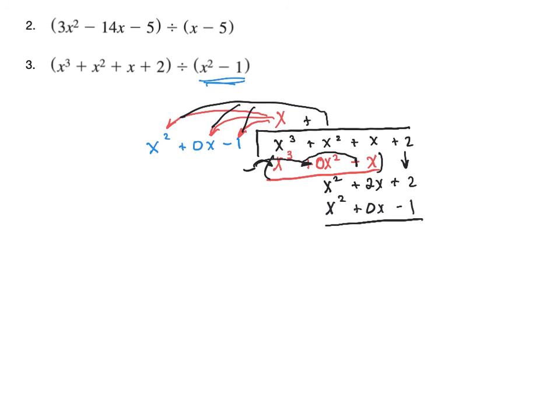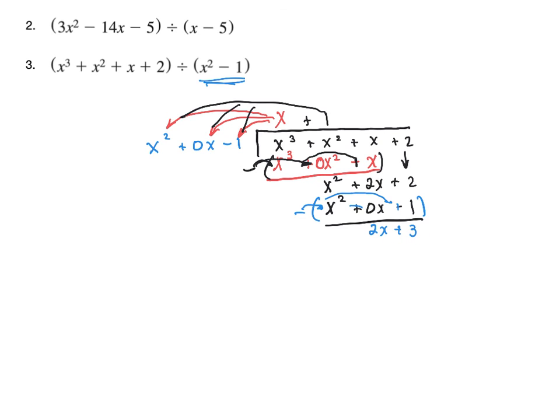Strike a line and subtract. x squared minus x squared, 0x squared, 2x minus 0, still 2x, and this would be 2 plus 1, so plus 3. We can't take x squared into 2x, and therefore this is our remainder.